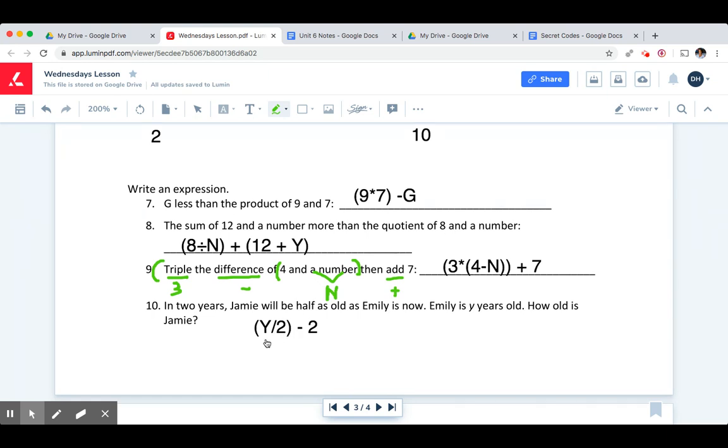And then I will need to subtract 2 because Jamie is half as old as Emily in 2 more years. So to figure out her age right now, we would take half of Emily's age and subtract 2 years. So our expression is y divided by 2 minus 2.